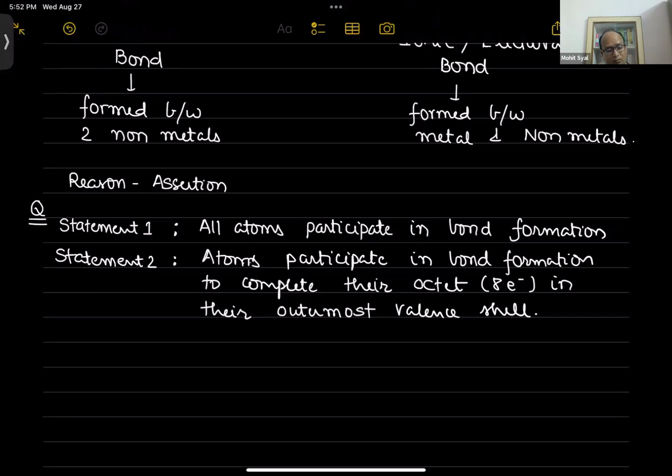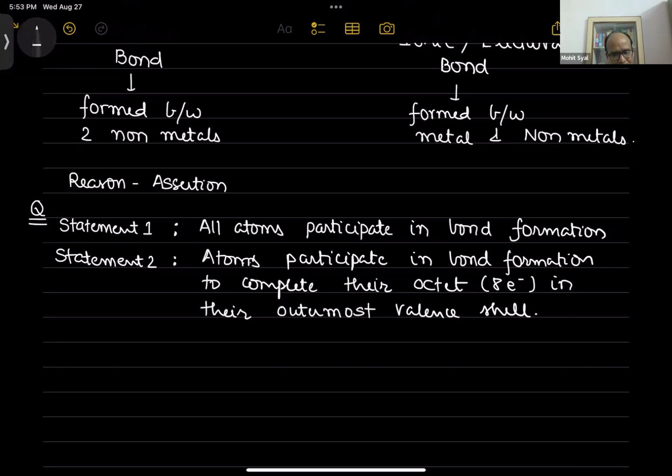Do all atoms form compounds, or are there certain atoms which cannot form compounds? They cannot all form compounds, like helium, neon. They are noble gases and they generally do not have a tendency to form chemical compounds.